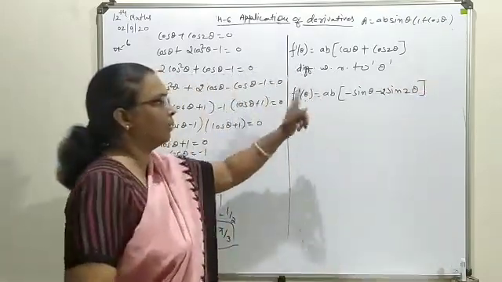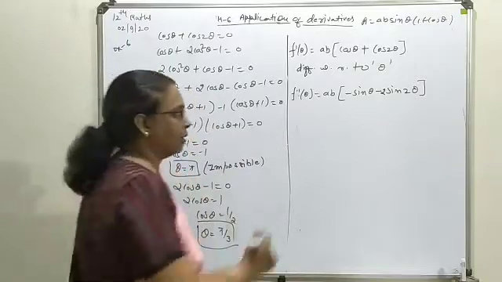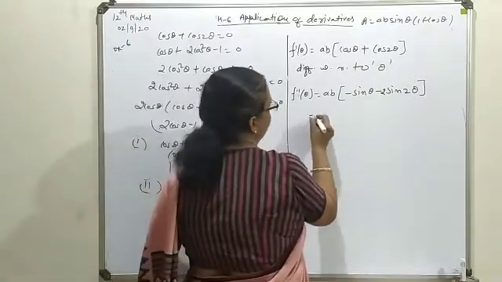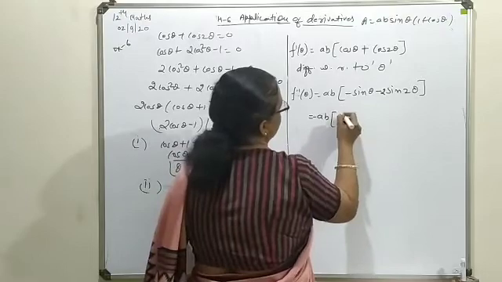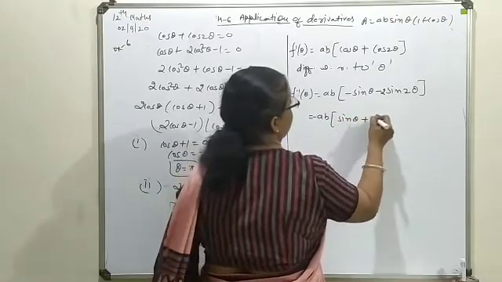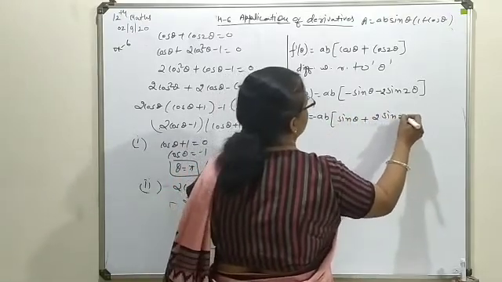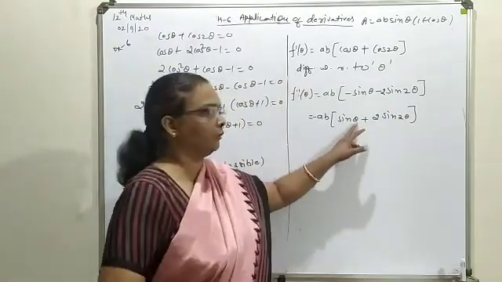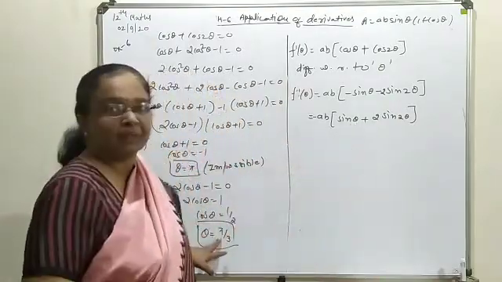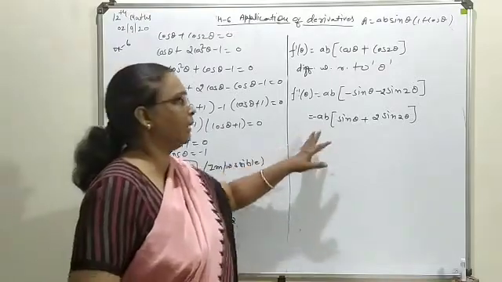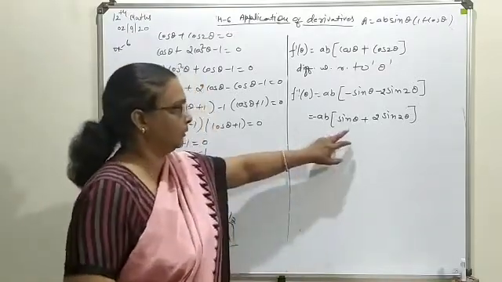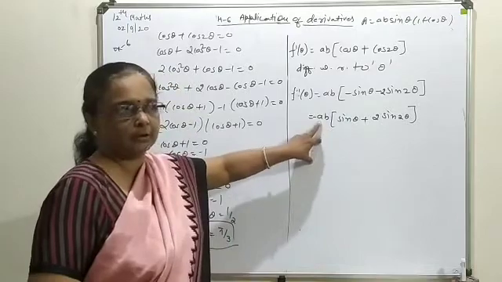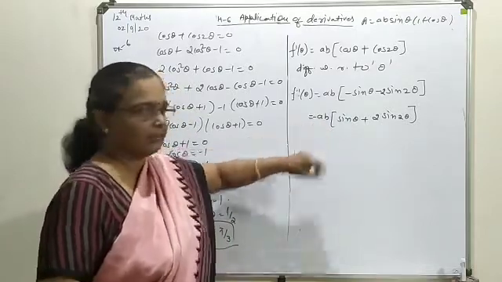Now you can see both the terms are giving you negative solution. So AB with negative solution, sin of theta plus 2 sin of 2 theta. If you will substitute the value of theta over here as pi by 3, both will give you your negative solution finally.